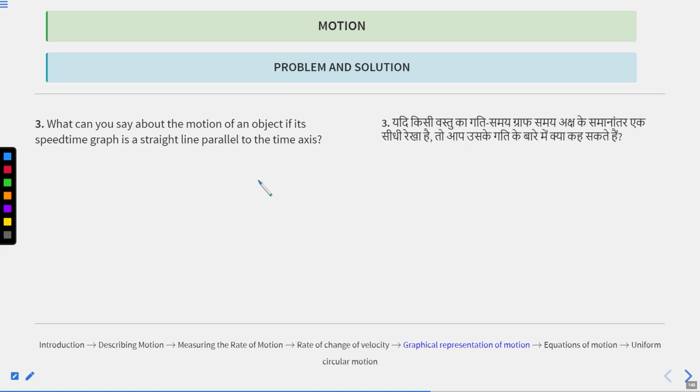The next question is, what can you say about the motion of an object if its speed time graph is a straight line parallel to the time axis? So this is time and this is speed, and the speed time curve is parallel to the time axis.